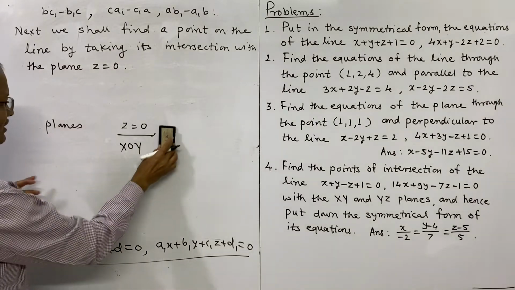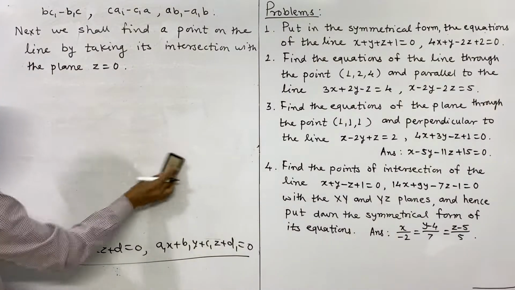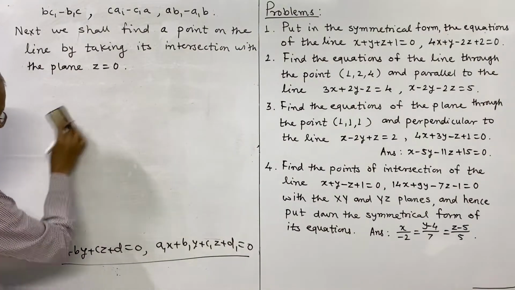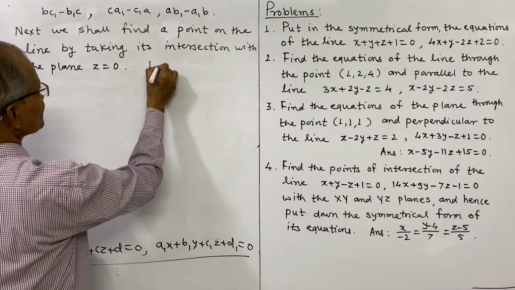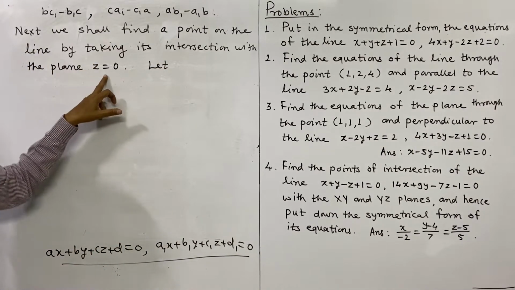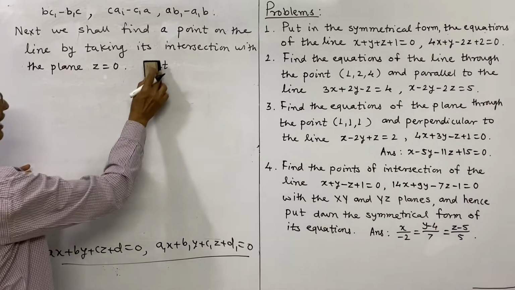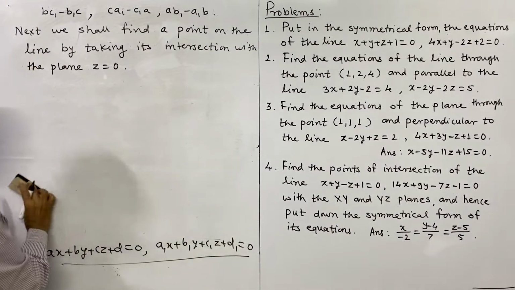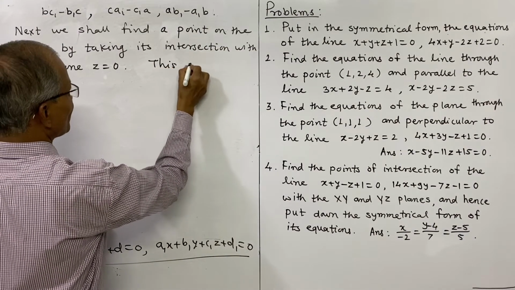This is the plane we have selected, and therefore this point is given by, if the line cuts the plane whose z coordinate is 0, and x and y coordinates may be considered as x and y.